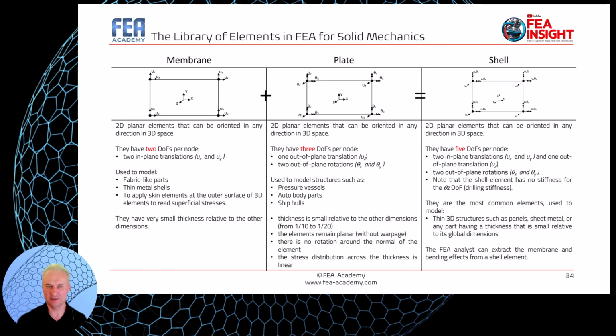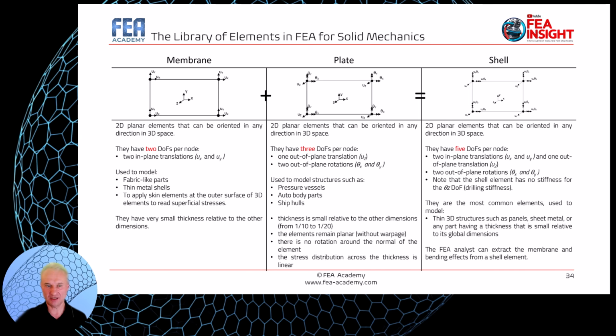Depending on your FEA package, you can have the full capabilities, in the sense that all the rotational degrees of freedom are available. But in some solvers, the drilling stiffness is not available. Okay, so you have to manage this effect.